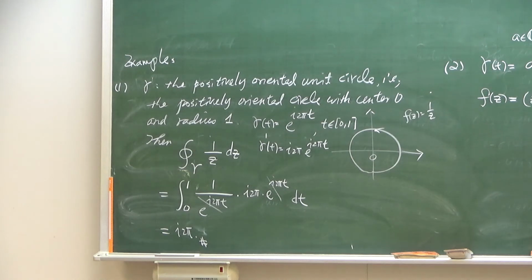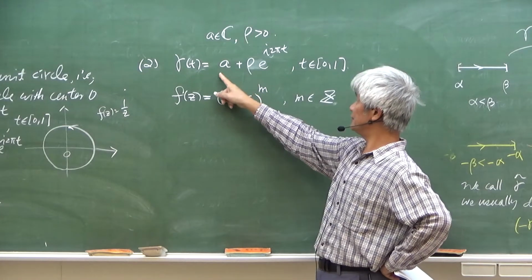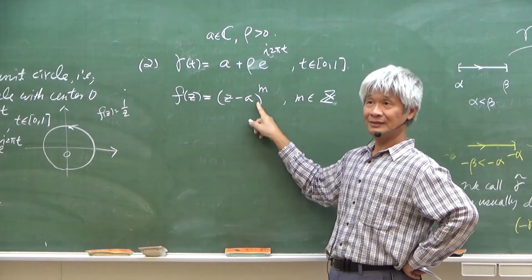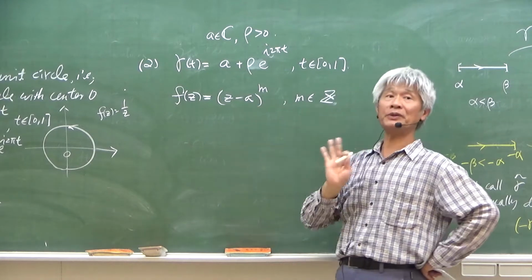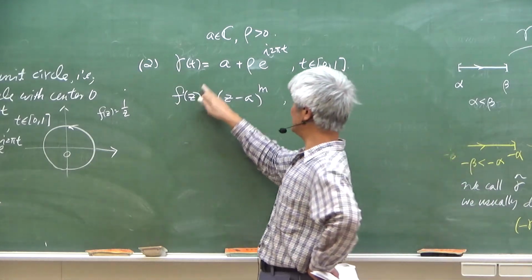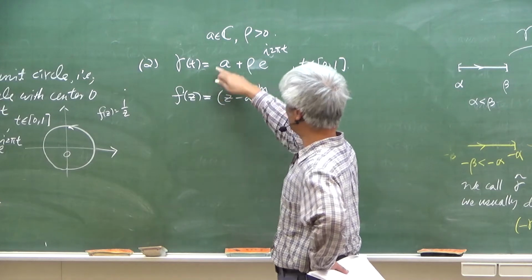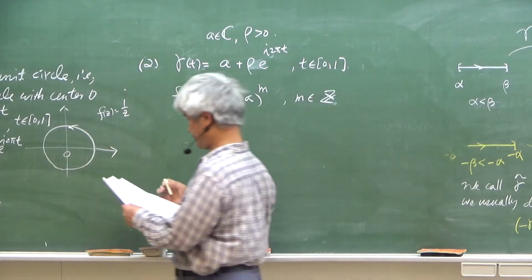But if m is a positive integer, no problem, right? In general m may be negative, positive, or 0. But here we are very fortunate because the curve never comes to a. Because this is a circle with center a, we don't worry about that, so f of z is always continuous on gamma.